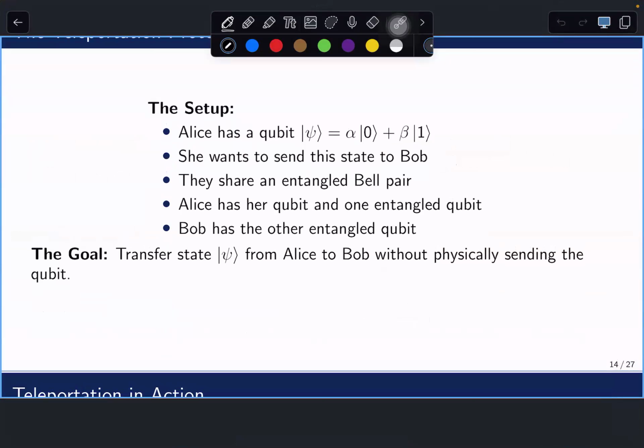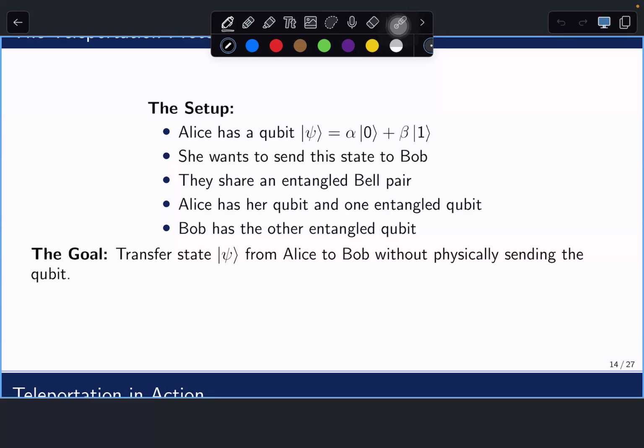As you see, it's a very general state. The only limitation is that alpha squared plus beta squared should be equal to 1. We'll start with this general state, and we will prove that at the end of the protocol, Bob still has his own qubit with the same state as Alice's original qubit.